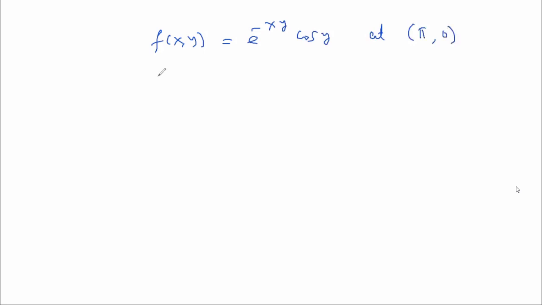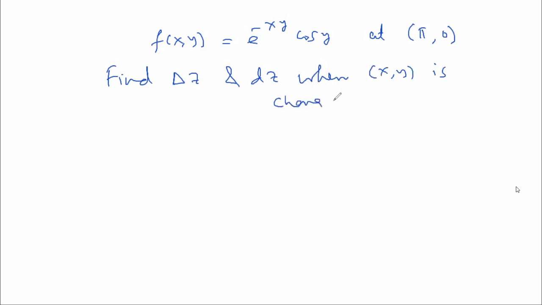So find delta z and dz when x, y is changing from the given point (pi, 0) to a nearby point (3, 0.1). Now pi is 3.1 something, right? And this is a nearby point.